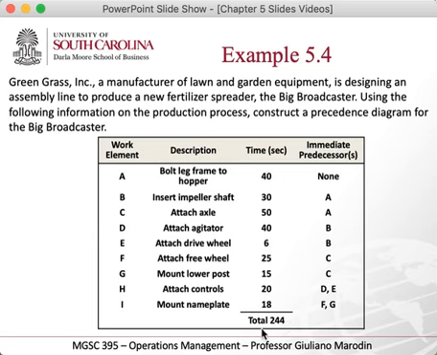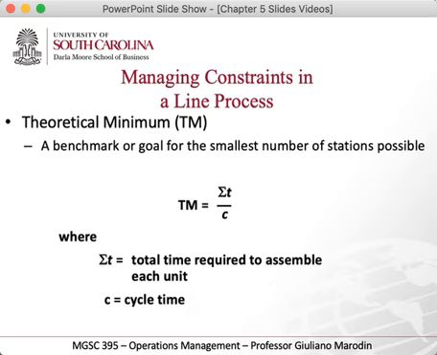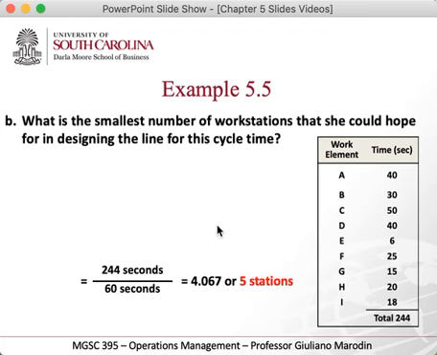But I can't produce one at 244. I need to produce one item every 60 seconds. So how many people do I need to produce one every 60 seconds if, when I have one person, it takes 244? That's what this math is doing. It's taking the 244, the total time if I have one person, and dividing it by 60, because I need to produce every 60 seconds. The answer is how many people you need to actually produce at 60 seconds.